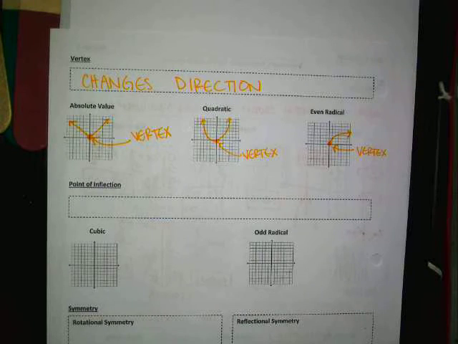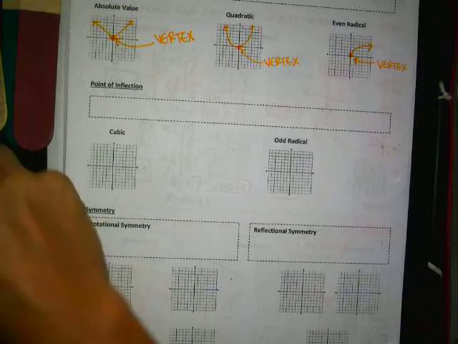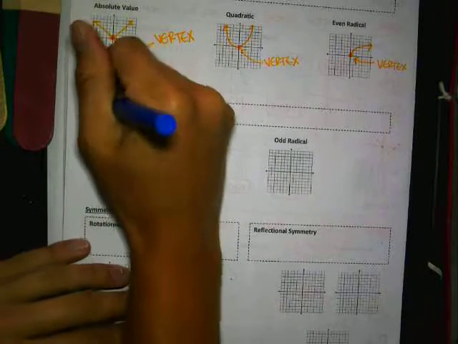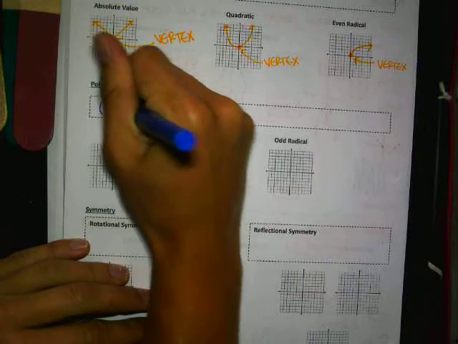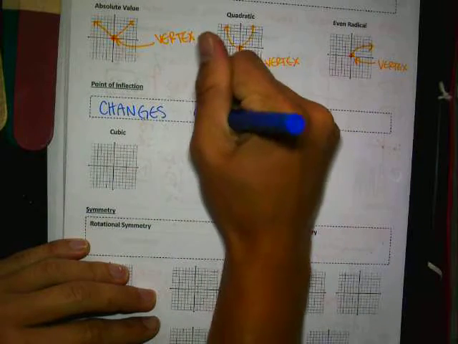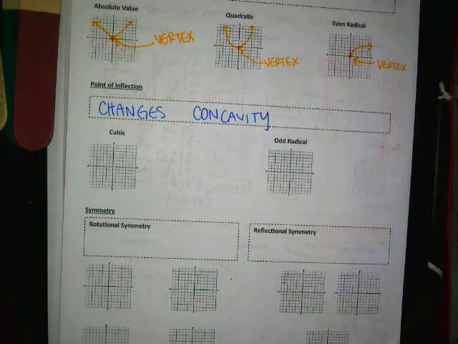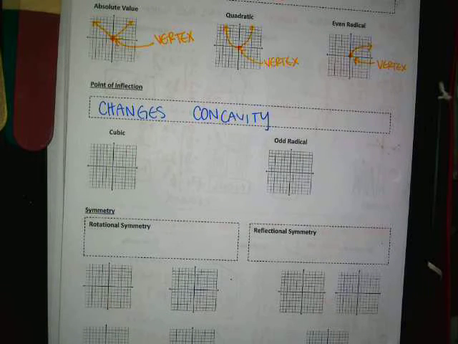Any questions about vertex? All right. Point of inflection. That's probably a new term, right? We haven't heard of the term point of inflection, right? Good. A point of inflection means that it's changing something called concavity, which I think is also a new term, right? We're almost done. I'm sorry notes are so long today.